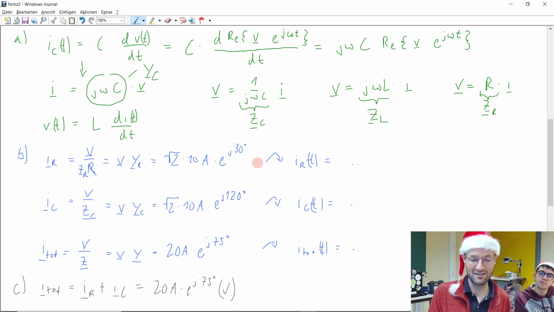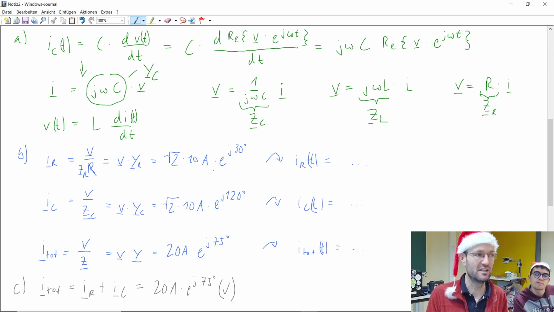They somehow belong to each other, but they are not equal. This is some complex phasor. It's not a function of time. There is no time in there, and it's complex valued. It's some, let's say, imaginary quantity that helps us calculate these circuits, but it has no direct physical meaning.